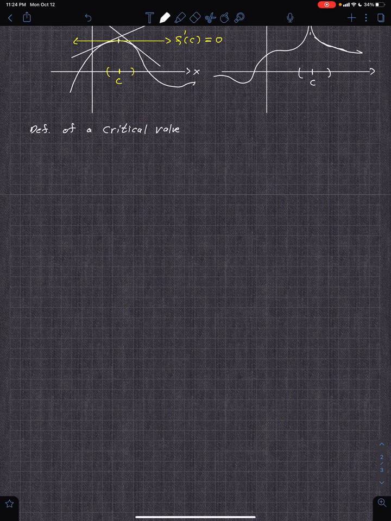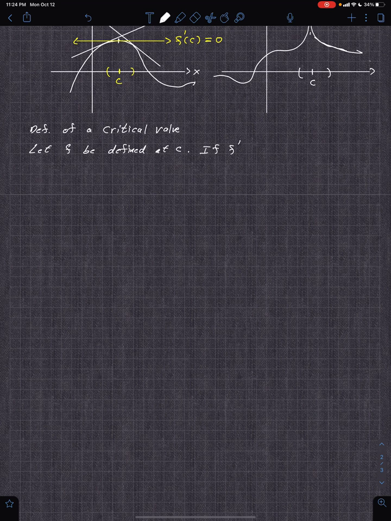Sometimes you say critical point, even though it's not an actual point. It's just one value, but we kind of use them interchangeably. The definition of a critical value is this. We let f be defined at c, and then you have two cases.